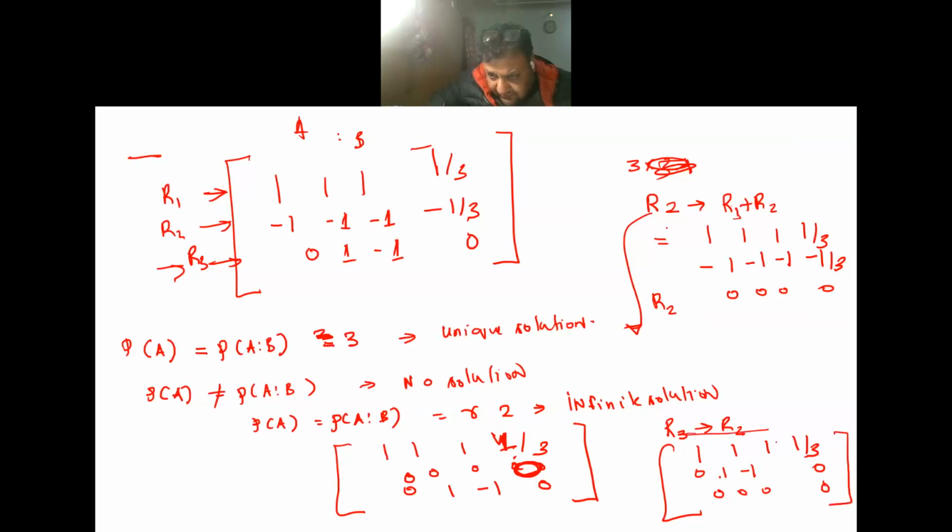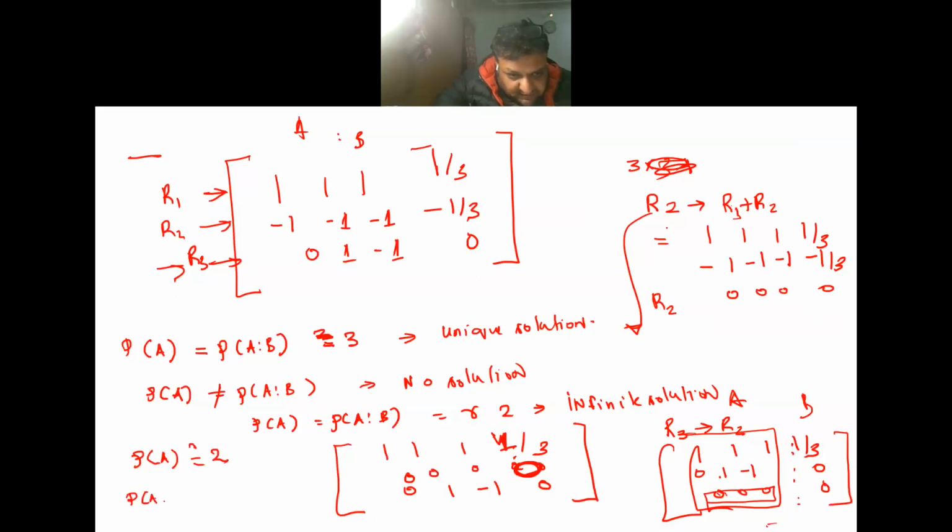Now see, this is my rank of A, right? This is only A part, and this is my B part over here, AB. Okay. So if I look at rank of A, one full row of 0, 0 is appearing here, right? That means it is having a rank of 2.